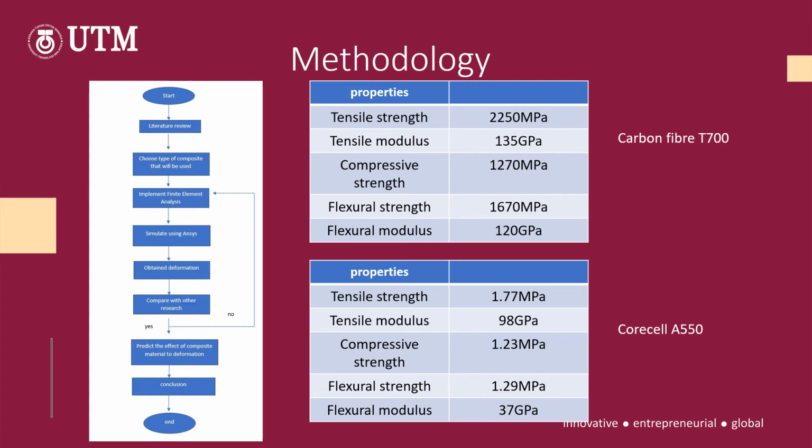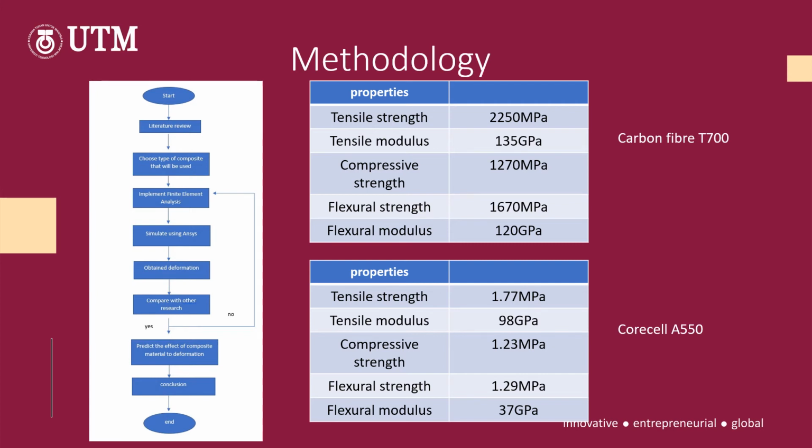The table shows the property for both types of composite material. The first table shows the mechanical property for carbon fiber T700, while the second table shows the mechanical property for core cell A550.